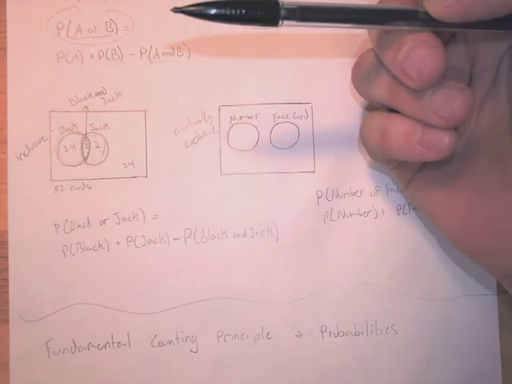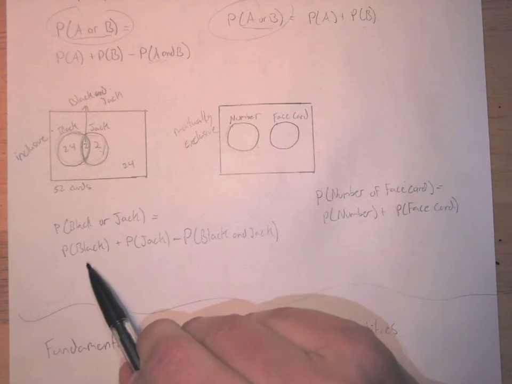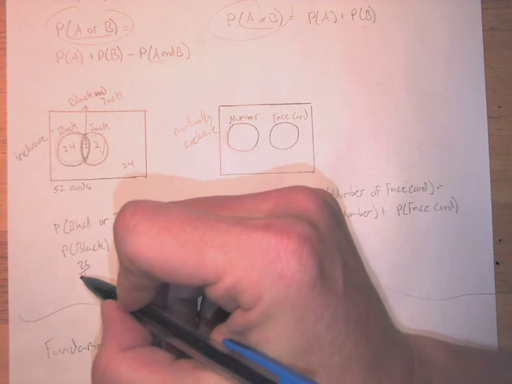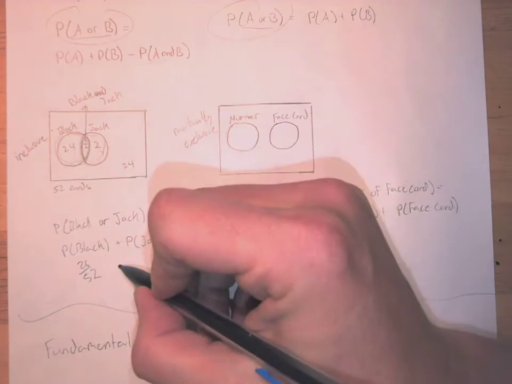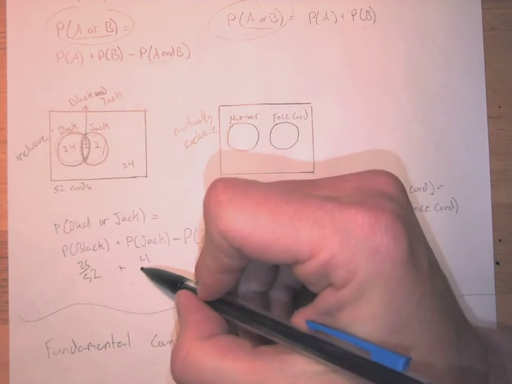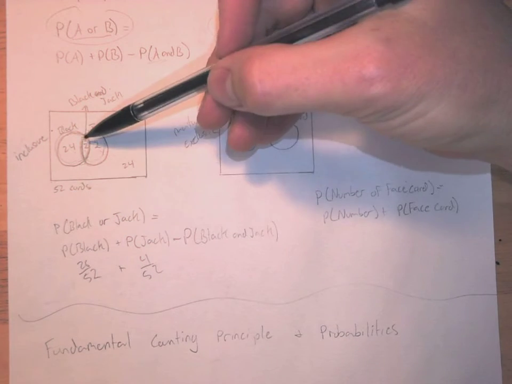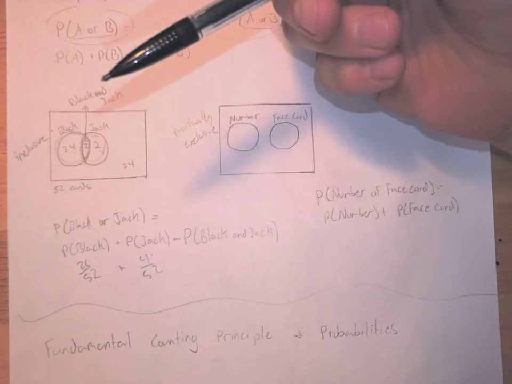all over 52, right? So if I do the probability of black, that's 26 over 52, right? 26 out of 52. And then I add to that the probability of a jack, that's 4 out of 52, right? Because there's 4 here. Notice I added that 2 twice, because that 2 is in this 4, and that 2 is also in that 26.